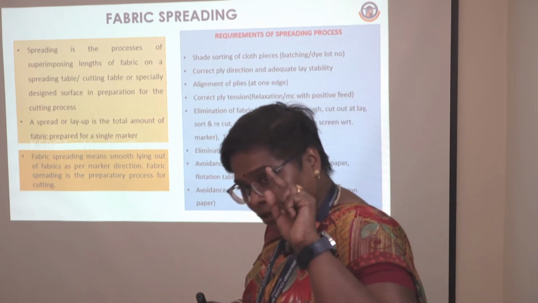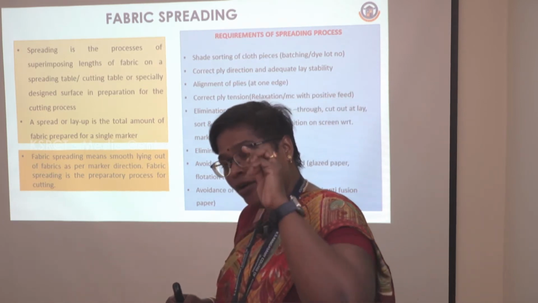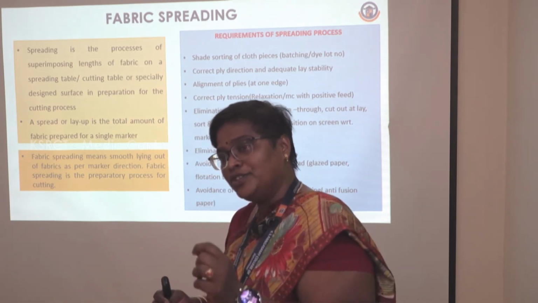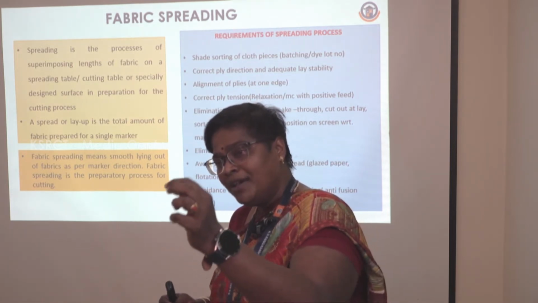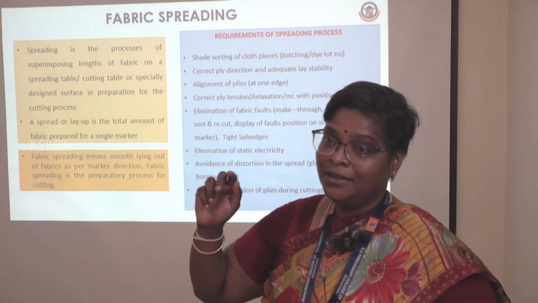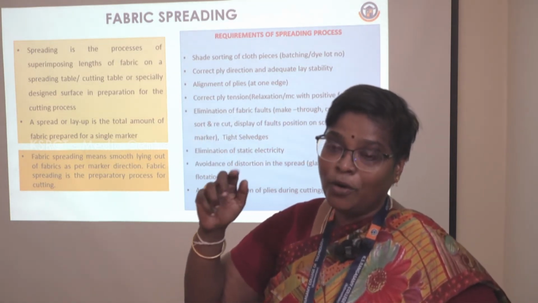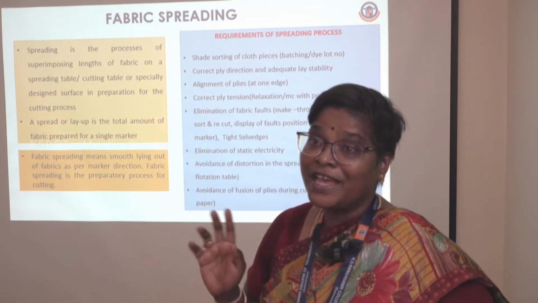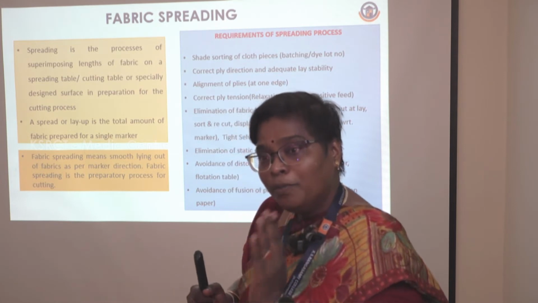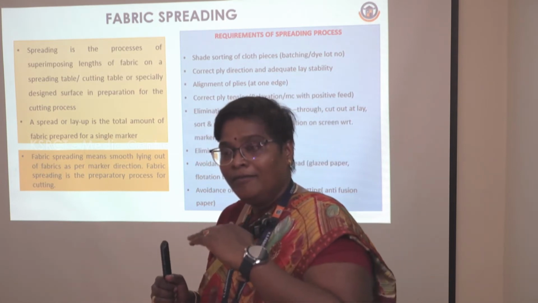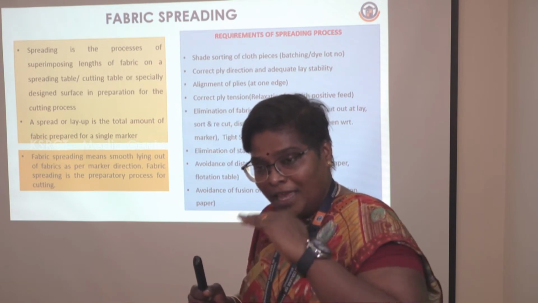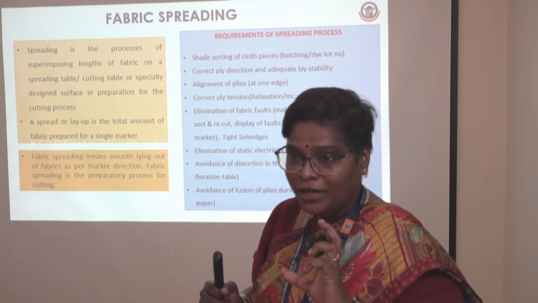All samples or all products which you are producing should have the same 5% shade. Maybe the buyer might accept plus or minus 0.5% shade variation. That means 5.5% is accepted, 4.5% is accepted. It should not go below 4.5 and above 5.5. That is the tolerance limit.